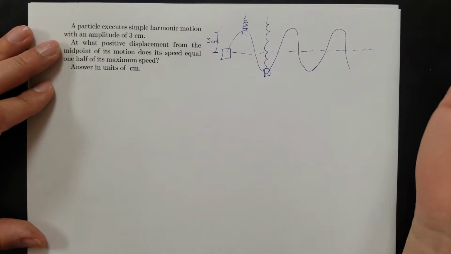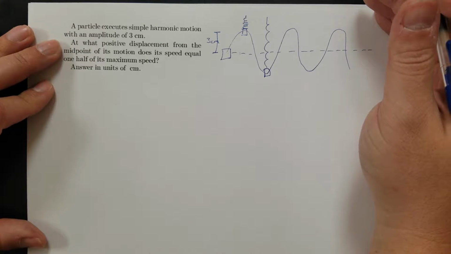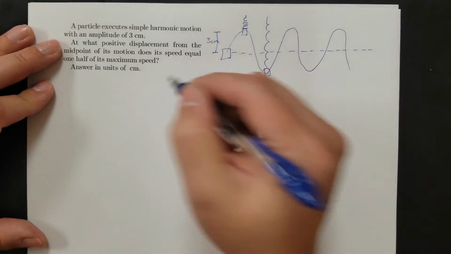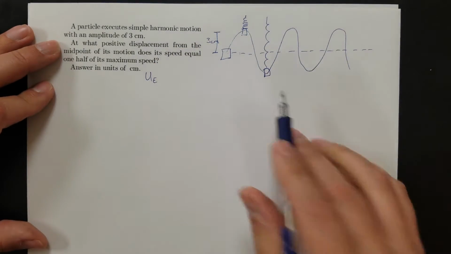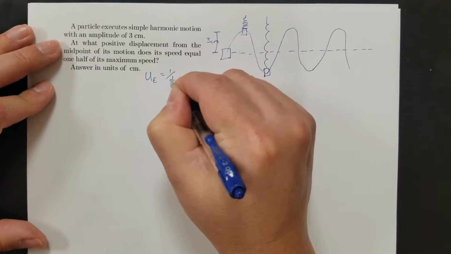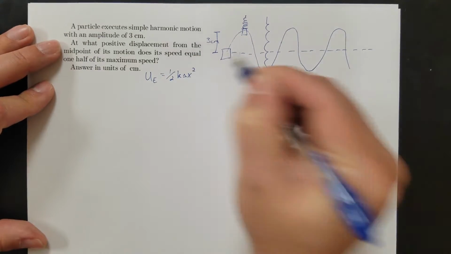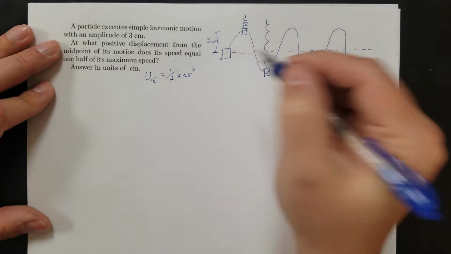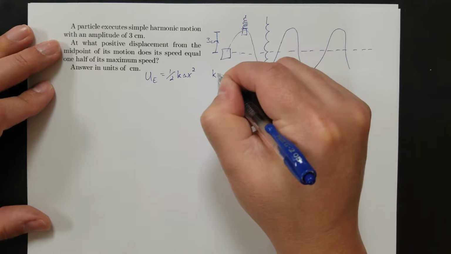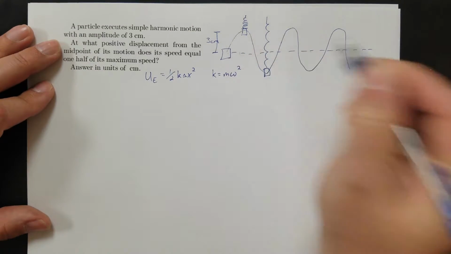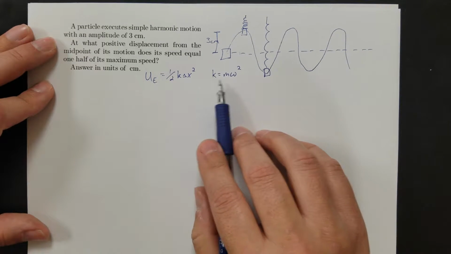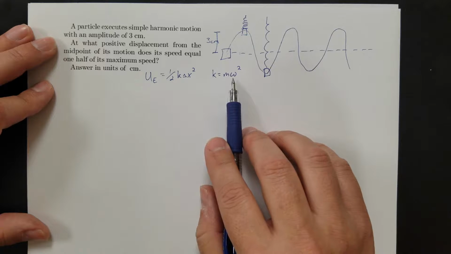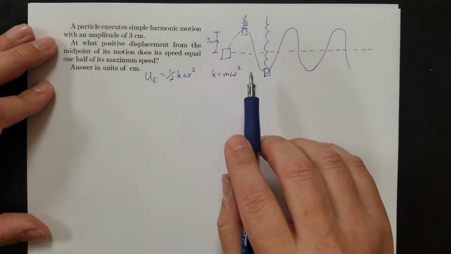So first, let's think of energy. Let's think of what we know. I know that elastic potential energy, since this is a spring, is 1/2 k delta x squared. And I also know that k equals m omega squared, the spring constant for something in simple harmonic motion. The spring constant is equal to the mass times the angular velocity squared.